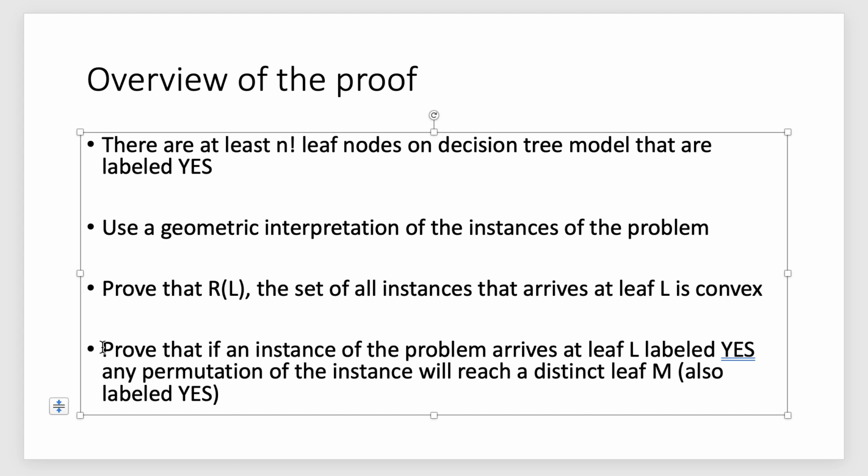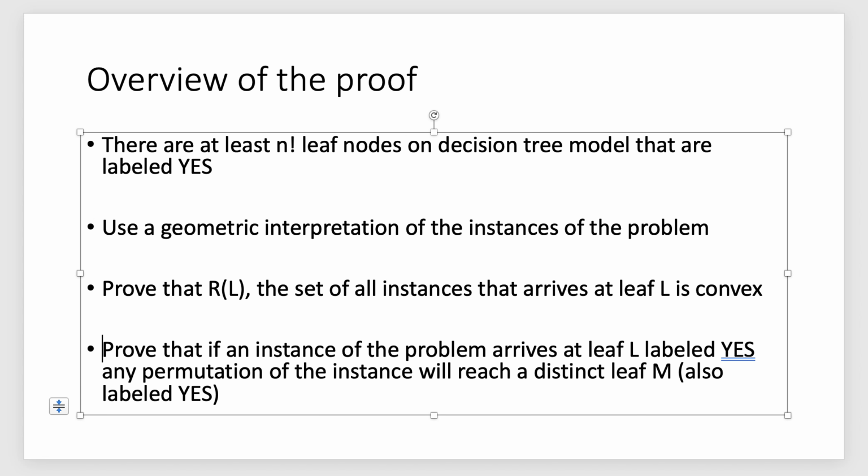We also prove that if an instance arrives at leaf L, which is labeled yes, any non-trivial permutation of that instance will reach a distinct leaf, which is also labeled yes, not the same leaf.